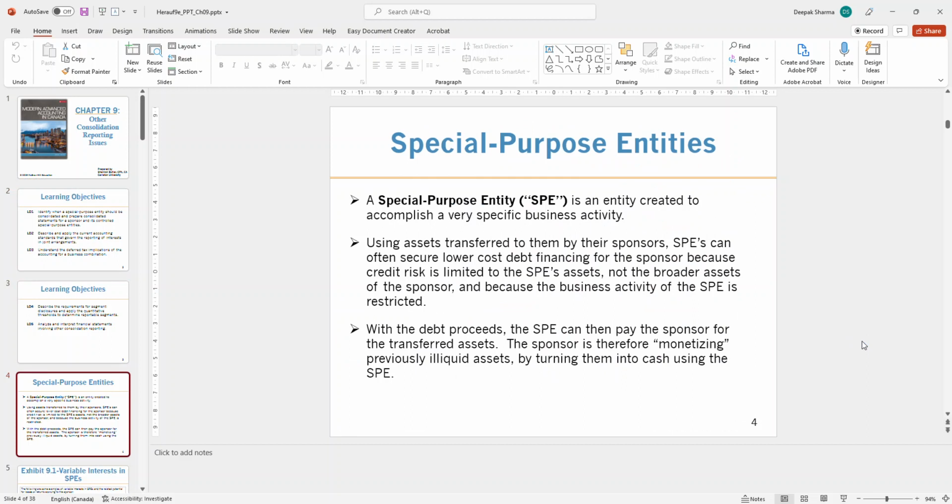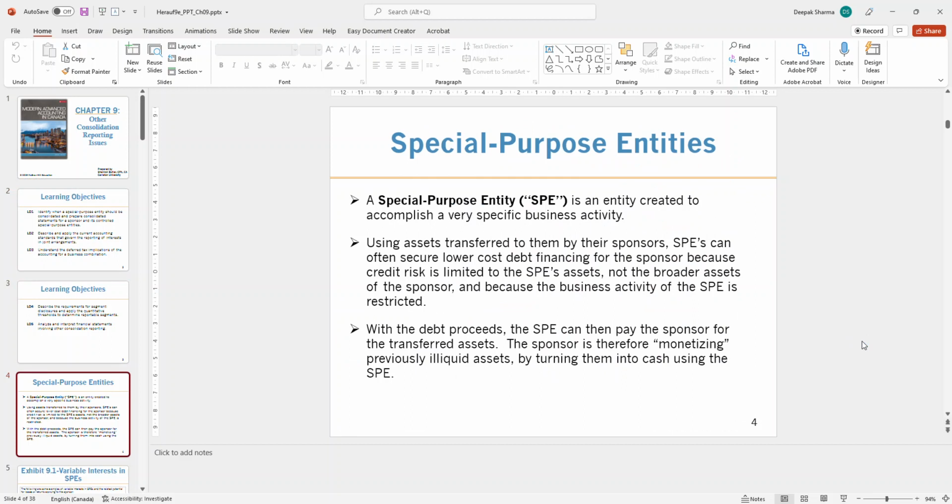In the corporate world, what the companies do is, instead of diversifying the risk, they may create special entities that are formed only for certain reasons, and the entity is only going to do what the purpose of that entity is. If the company that has full control creates such entities, then there are reporting issues that we need to look at.